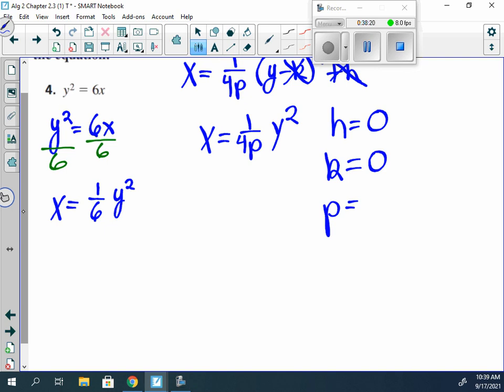Because really we could say y squared over 6 and then move it over to the side and have the same thing, or we can just go straight to this here. And this helps us because, again, the 1/6 is taking the place of 1 over 4p. That's where these line up, yes?